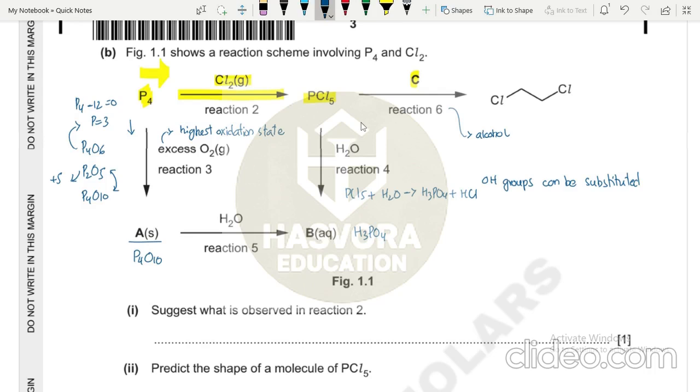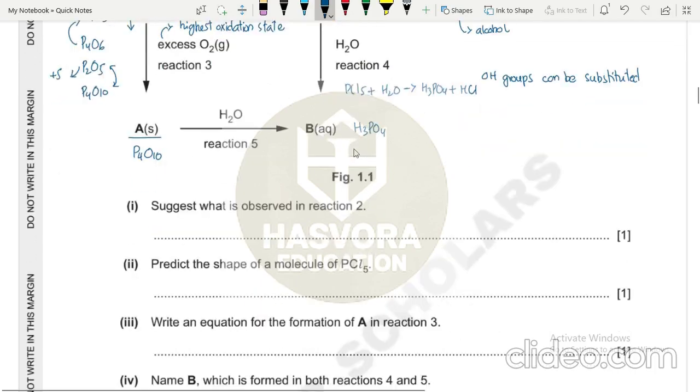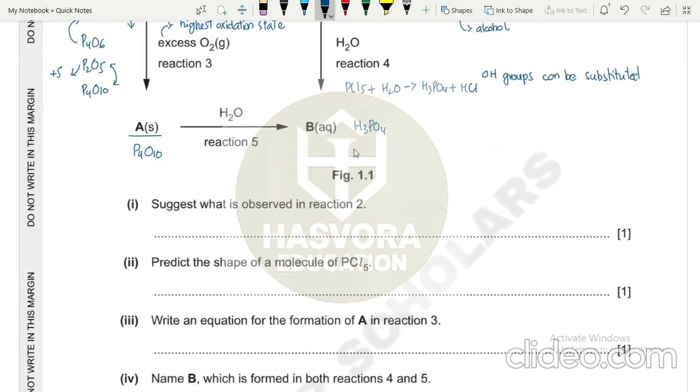But here they have not given us the state in which it is formed, so it can vary. So I'll just suggest that you move on with what you are sure. Cl2 is a green-yellow gas. So what we can write is: green-yellow gas disappears.